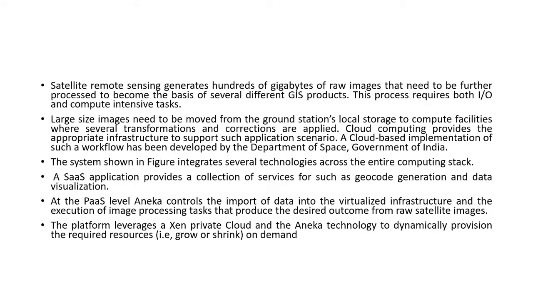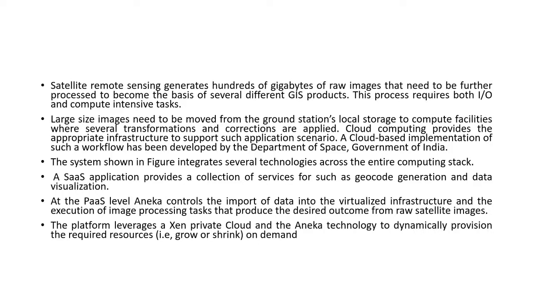Satellite remote sensing generates hundreds of gigabytes of raw images that need to be further processed to become the basis of several different GIS products. This process requires both input-output and compute-intensive tasks.